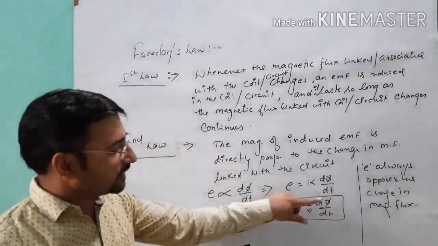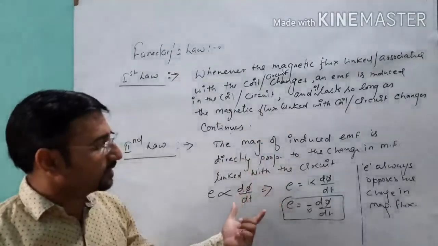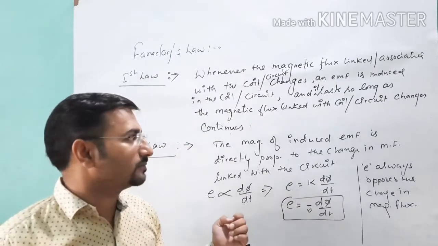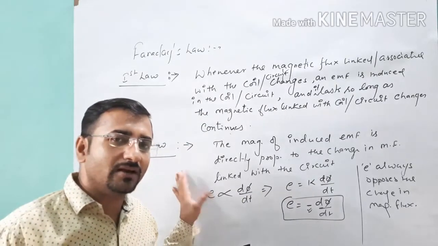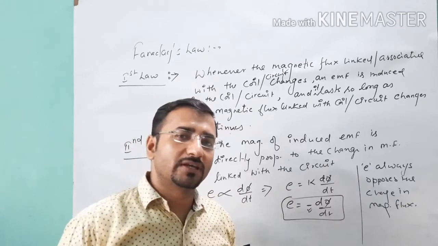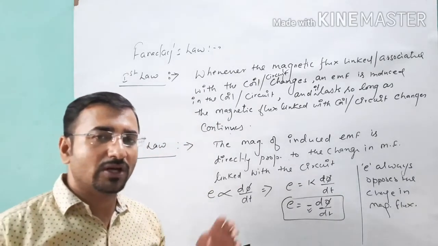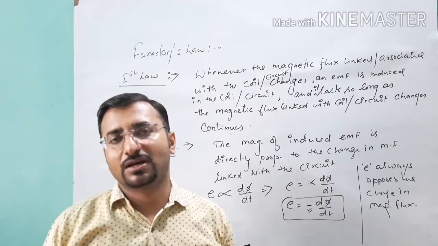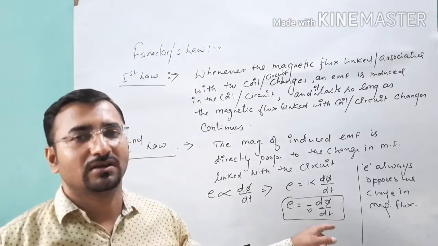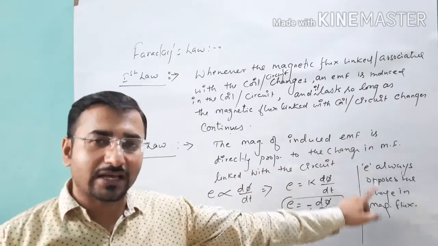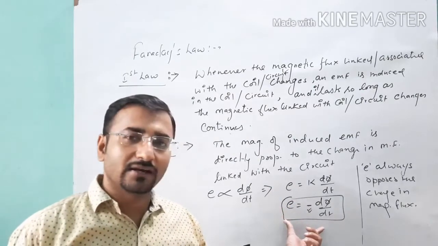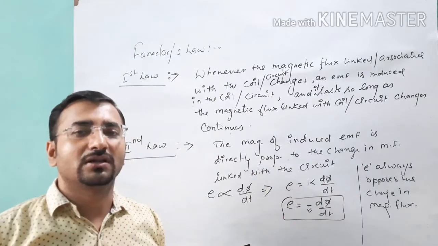After that we talk about Lenz law, because when we think about the polarity of EMF, or the polarity of induced current in the coil, as we know that when the coil and magnet do relative motion with respect to each other, or two coils are placed in the magnetic field of each other, and the magnetic flux in one coil changes, the second coil is also placed in the magnetic field of the first, so the magnetic flux linked with the second coil will also change, and an EMF is induced in the second coil, which is connected to the galvanometer, so an electric current will also be produced in the secondary coil.